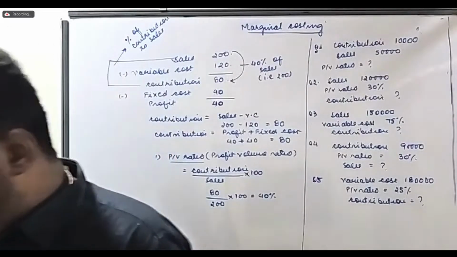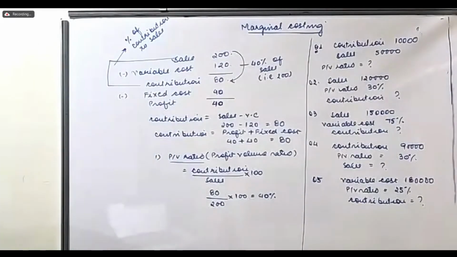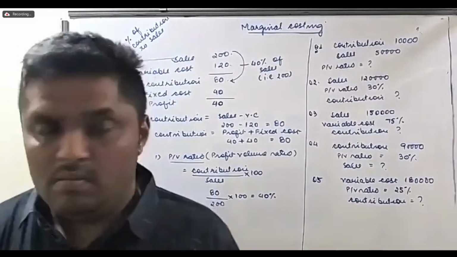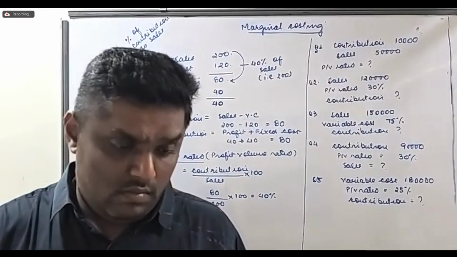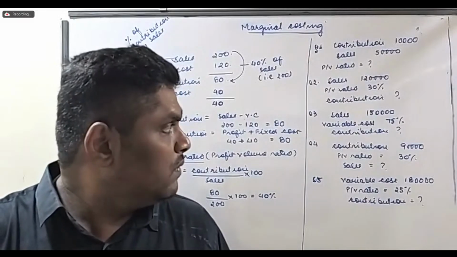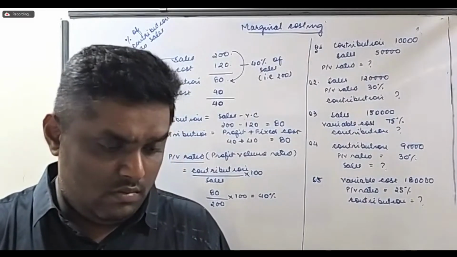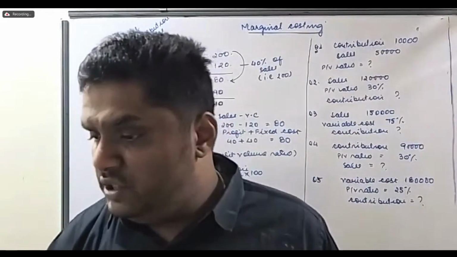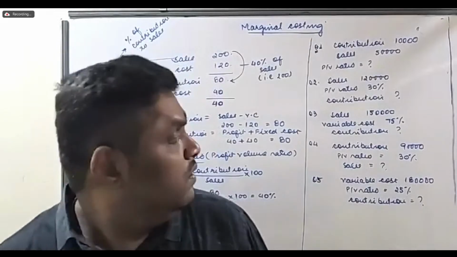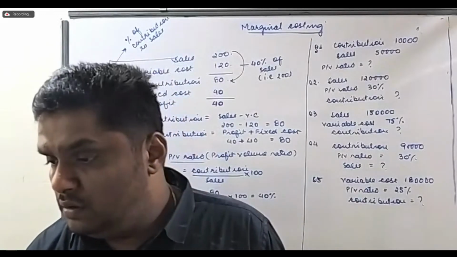Let me check the final answer. Again, third question, 37,500. Good. Fourth question.